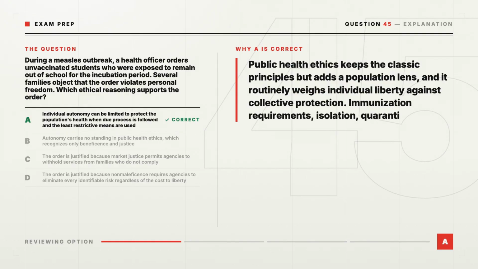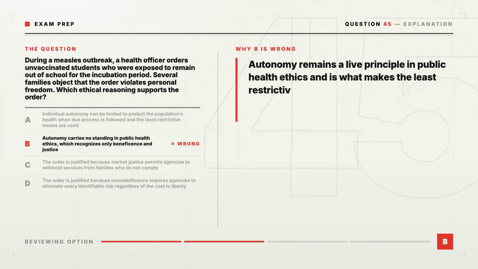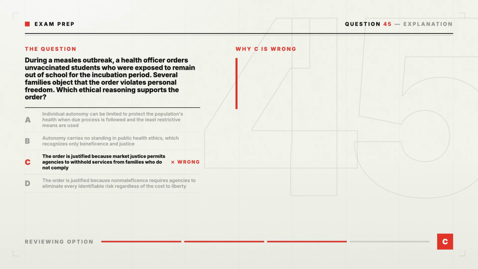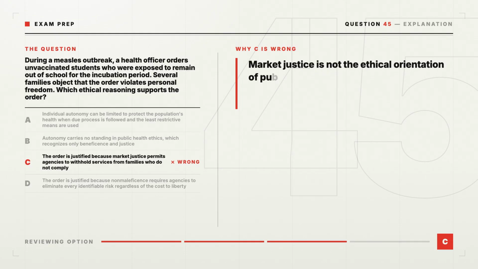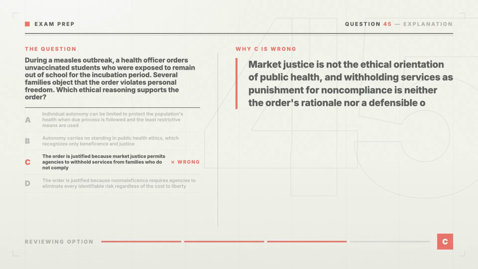B is wrong because autonomy remains a live principle in public health ethics and is what makes the least restrictive means requirement necessary. Discarding it would license unlimited coercion. C is wrong because market justice is not the ethical orientation of public health, and withholding services as punishment for non-compliance is neither the order's rationale nor a defensible one.